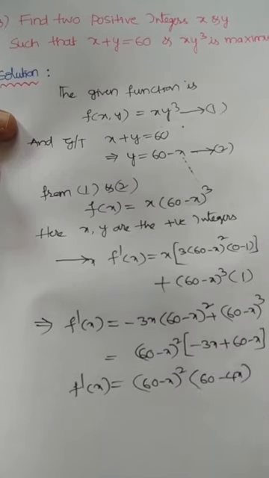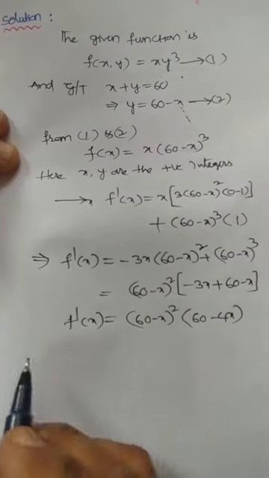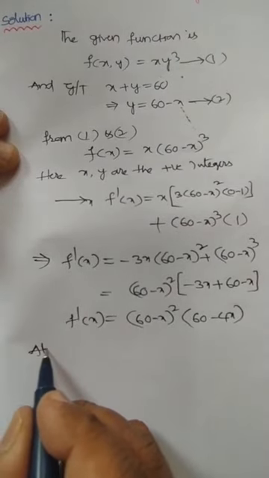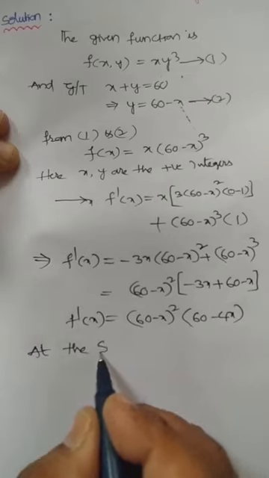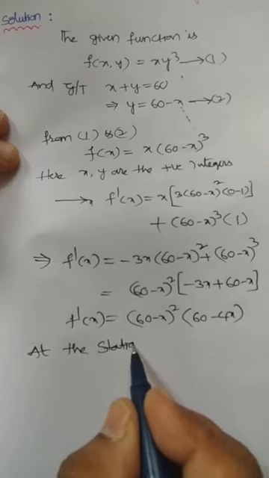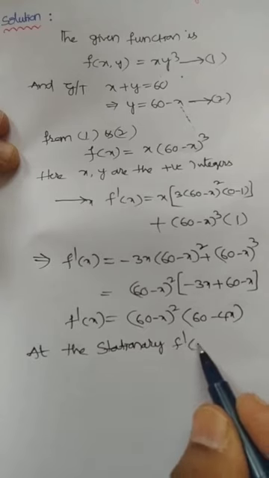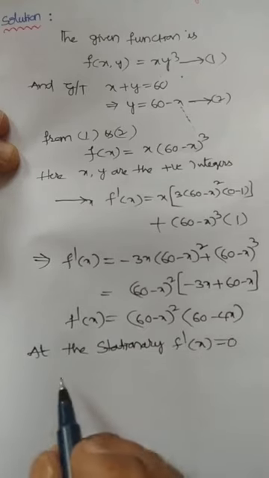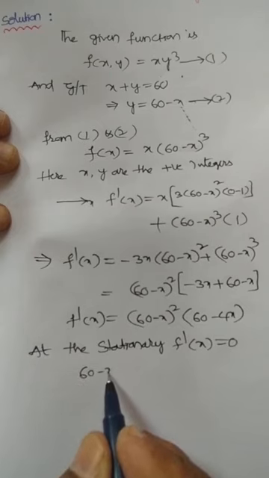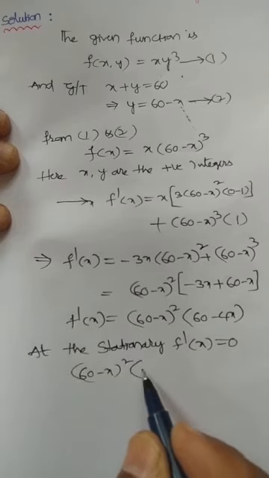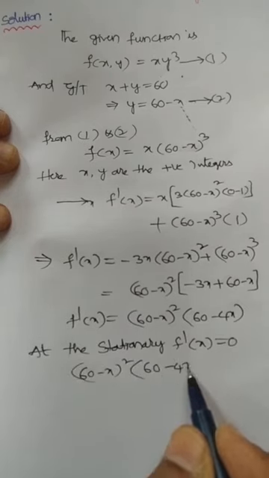This is our f dash of x. At the stationary points f dash of x must be 0. So (60 minus x) whole square into (60 minus 4x) is equal to 0.